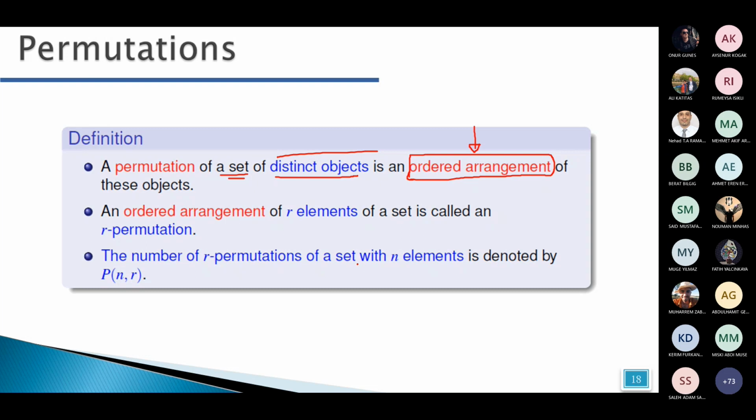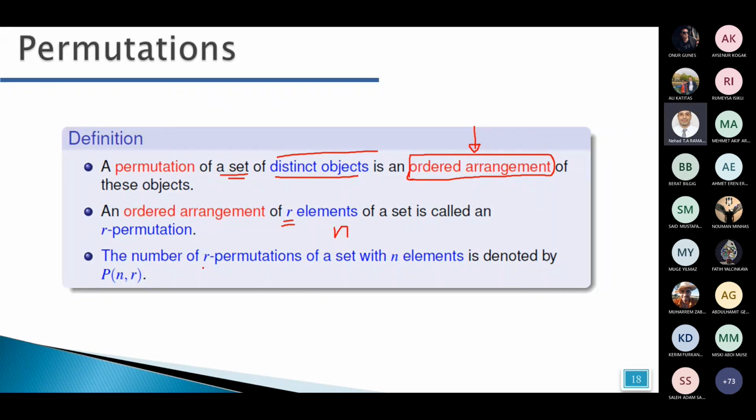Okay, so if we need to select R elements from N elements in a specific order, we call this an R-permutation. Select R elements out of N elements in a specific order. This is the most important thing, the order. So order means the selection is a permutation.